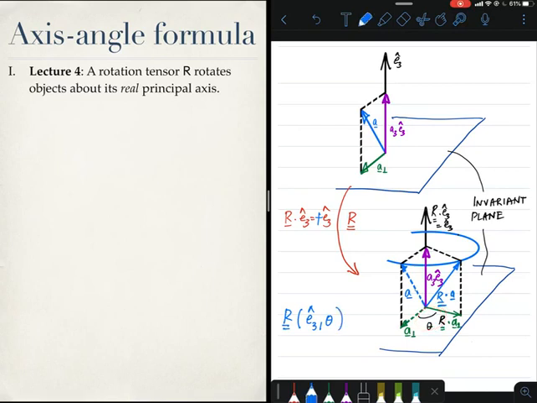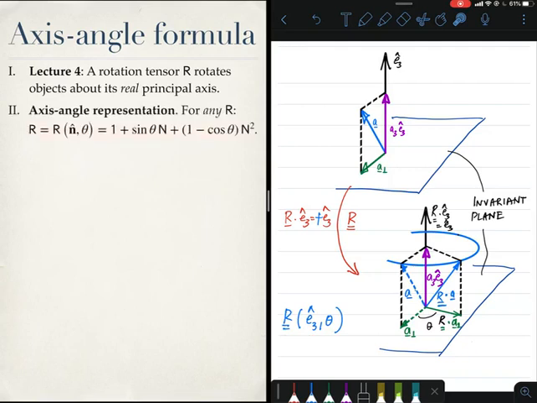Okay, so it seems like every rotation tensor can be represented in terms of an axis and an angle, and that is what leads us to the axis angle representation, which says that any rotation tensor can be represented by an axis and an angle, and this is the formula that we get, and which I will now derive for you. Couple of points here.